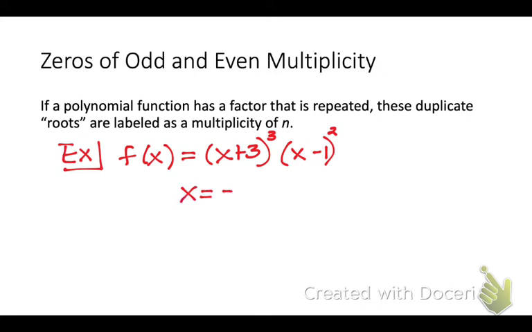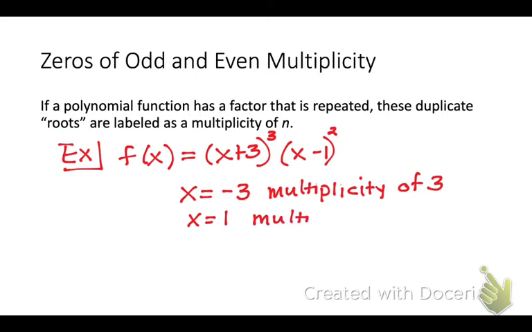So we would have a zero of negative 3 with a multiplicity of 3. And then I have a zero or a root of positive 1, and that would have a multiplicity of 2.